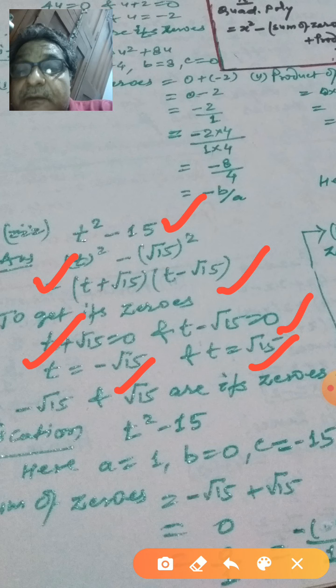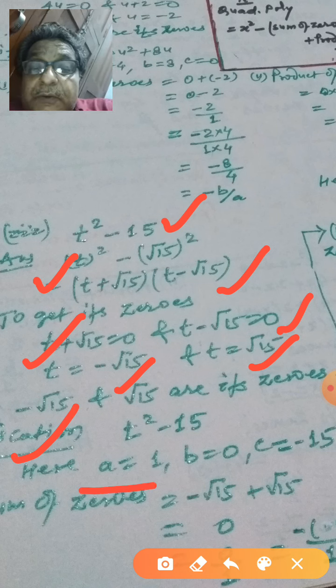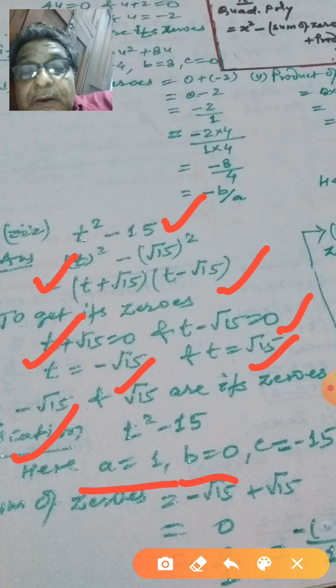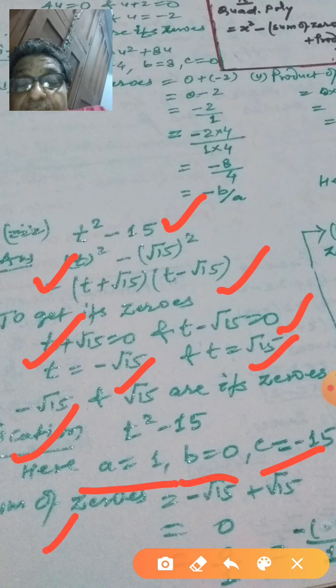Now verification. For this we again write the polynomial t square minus 15, and seeing this polynomial we note a equal to 1, b equal to 0, as there is no bx term, and c is minus 15. The first relation is sum of zeros.